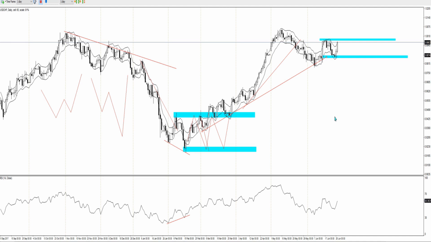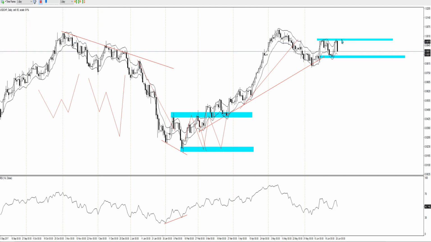So each time price touches the barrier, and at the same time we have an extension of price beyond the envelope, then we have an opportunity on the 15-minute to trade.